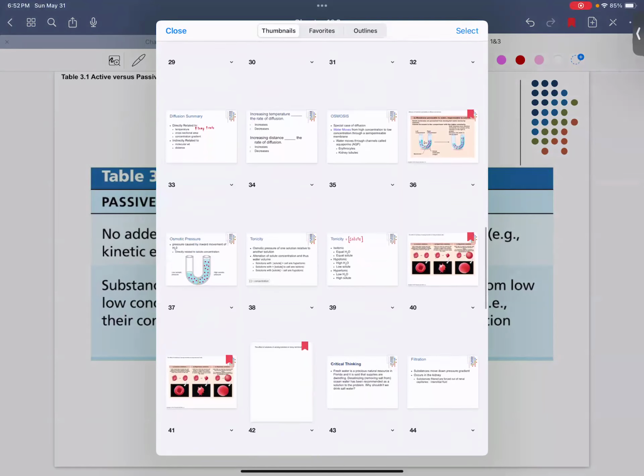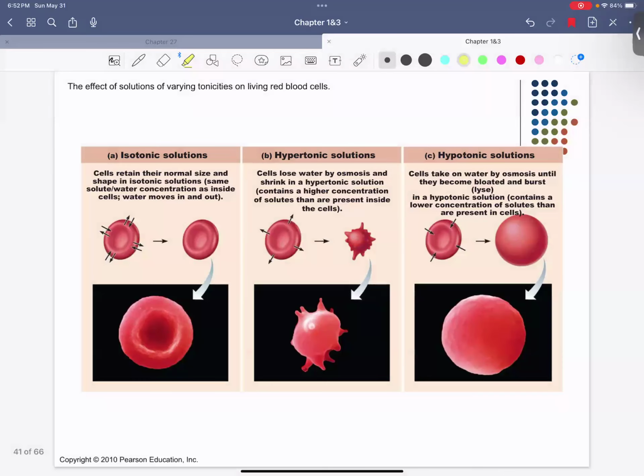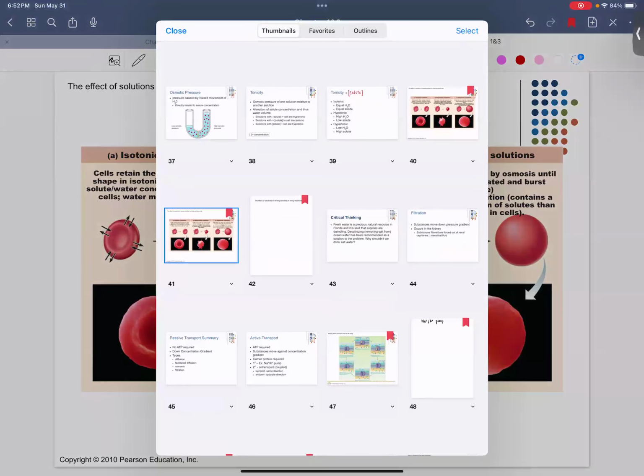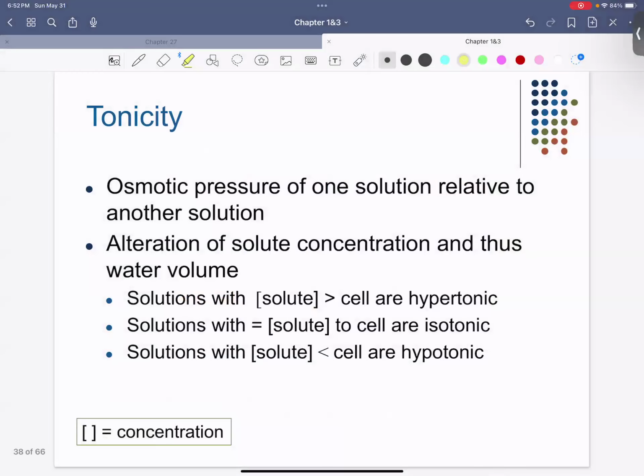One of the most probably difficult concepts in chapter 3 is the effect of varying tonicity on our cells. So if you look at this figure, actually, let me show you definitions of hypertonic, isotonic, hypotonic.